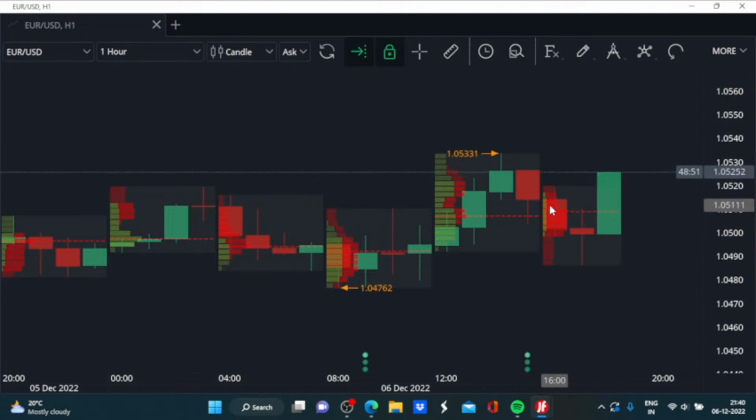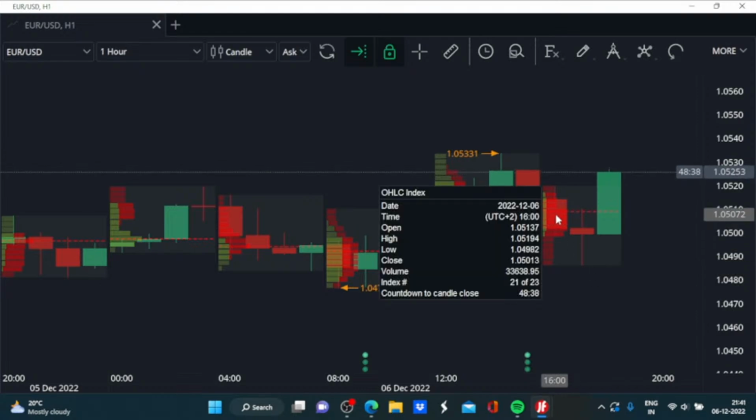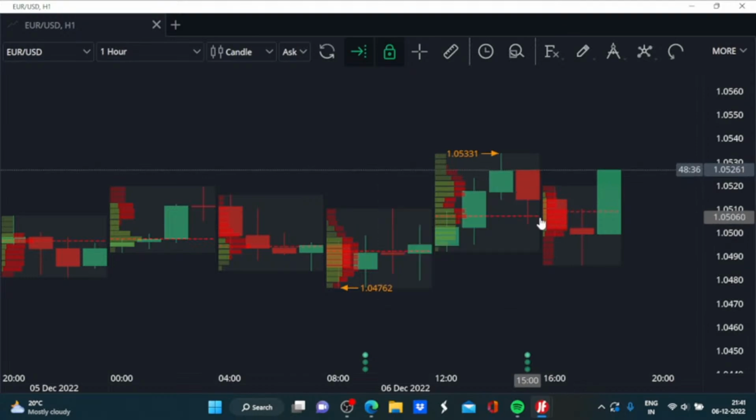For the last 2 hours we had a significant selling interest in which the price dropped from 1.052 to around 1.049, and as a result there is a lot more selling pressure evident in this plotting.